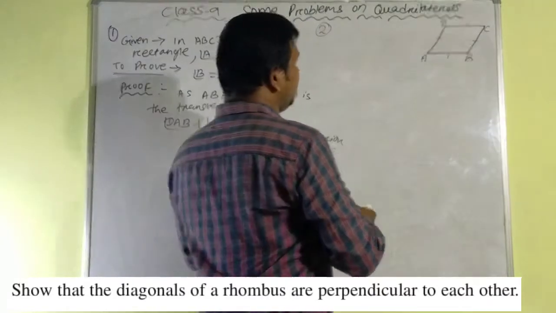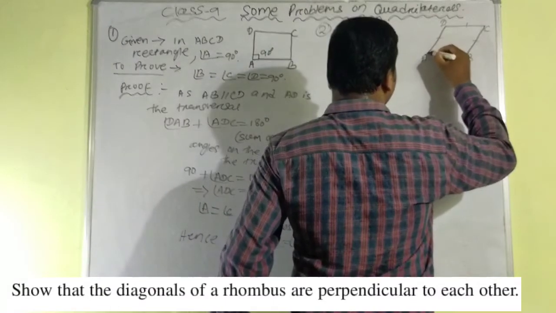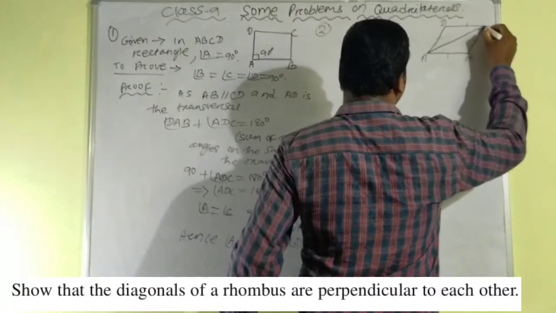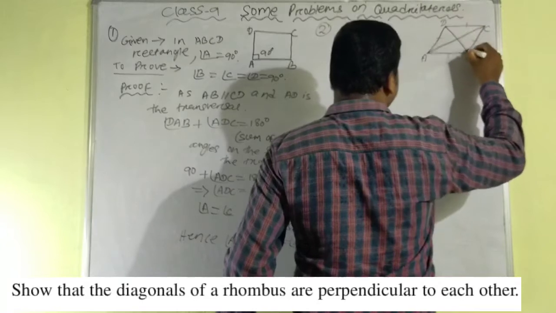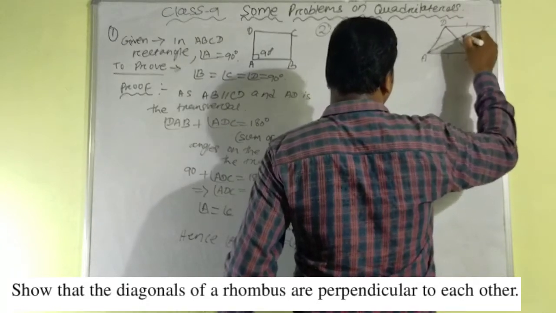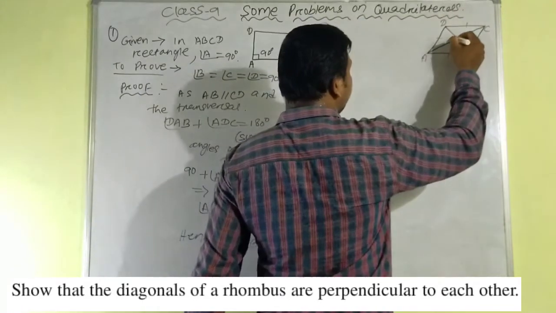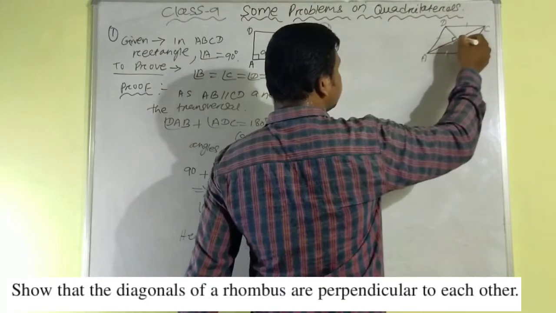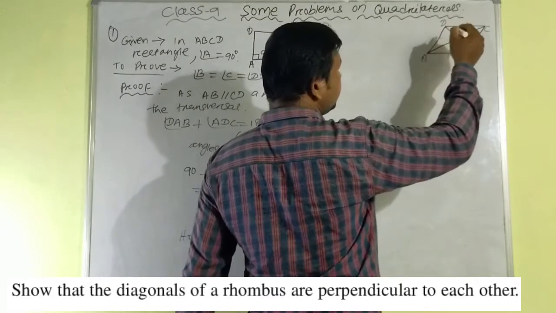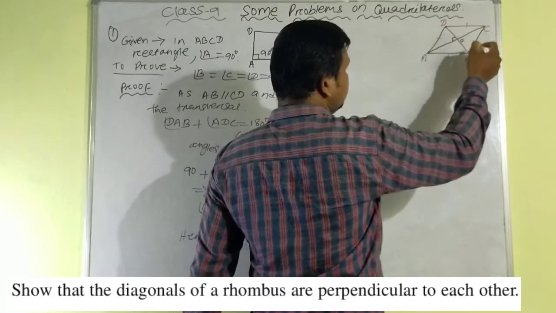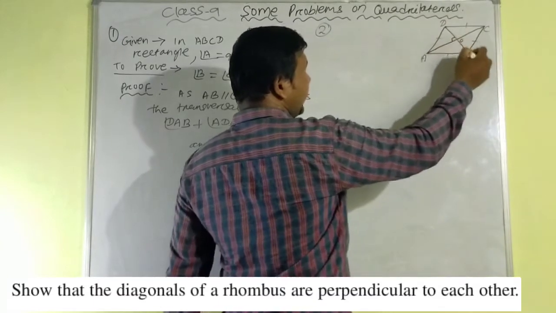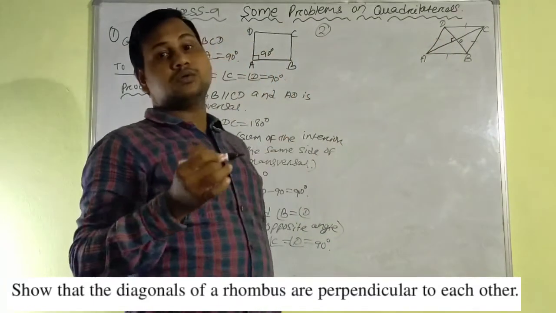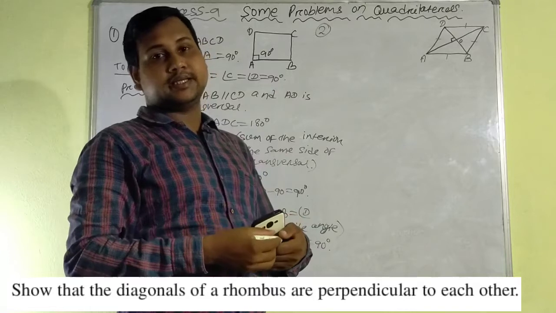Now we will draw the two diagonals AC and BD. They meet at O. We have to prove that either angle, the intersecting angle, that is AOD or DOC or BOC or AOB, is equal to 90 degrees.